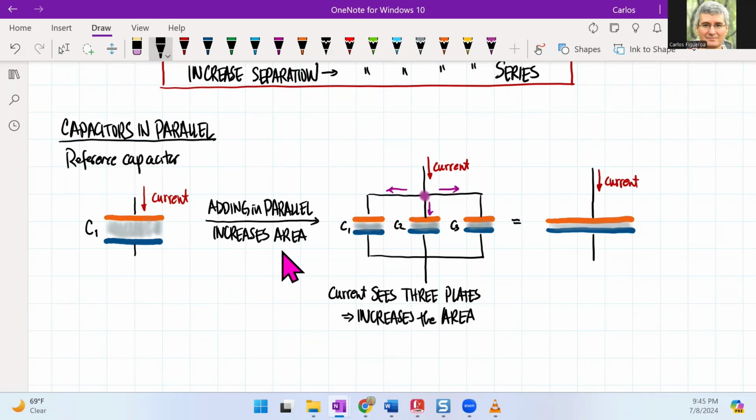So if I try to write this out, this here is what we now call the capacitance for a parallel combination. So right here, this is an effective model of capacitors in parallel.